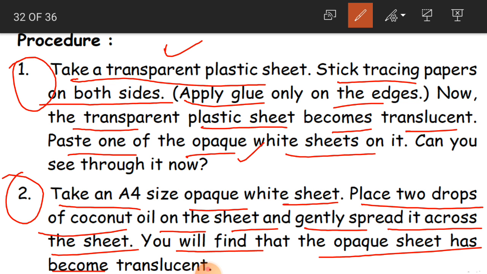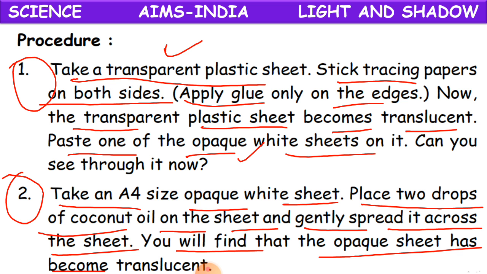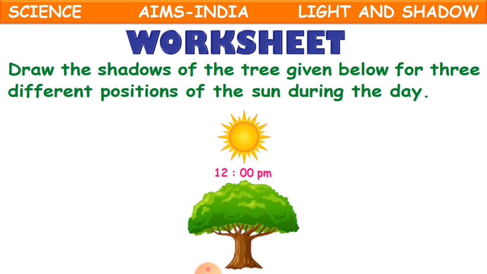It is going to become like tracing paper, like butter paper. So now this opaque sheet has become translucent, where you can allow the light to pass partially. Clear, children? So that is how you can make one transparent paper opaque and opaque paper translucent.